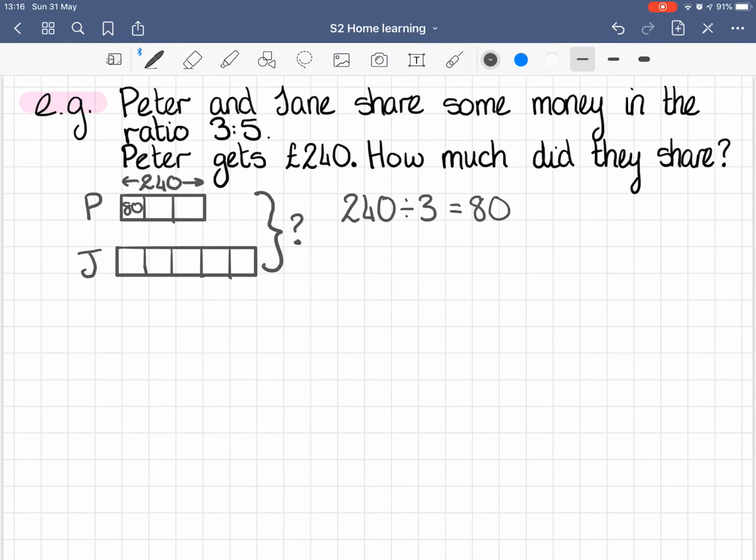Now altogether, I have 8 parts. So I can do 8 parts of 80, which will give me 640. This is quicker than working out how much Jane has and then adding it on.